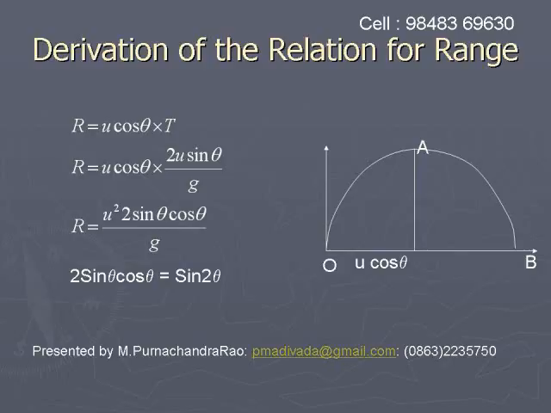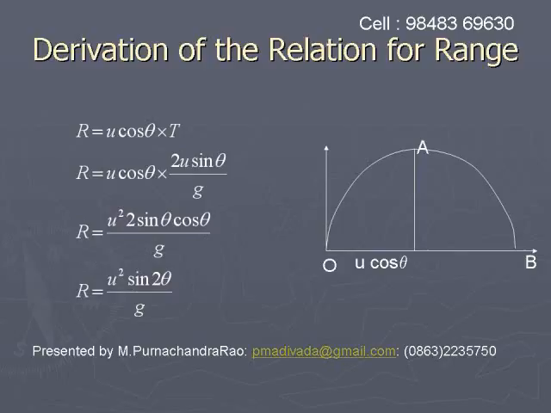In mathematics, we have a relation sin 2 theta is equal to 2 sin theta cos theta. So we can write sin 2 theta instead of 2 sin theta cos theta. By writing this, we will get R is equal to u square sin 2 theta by g.